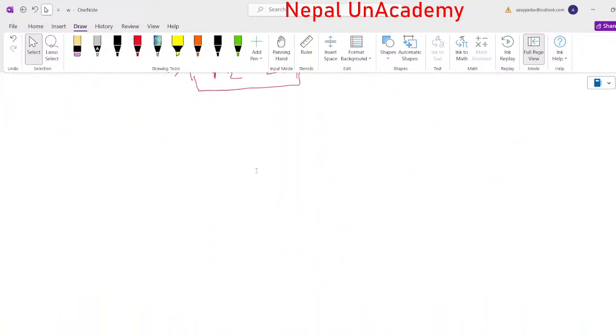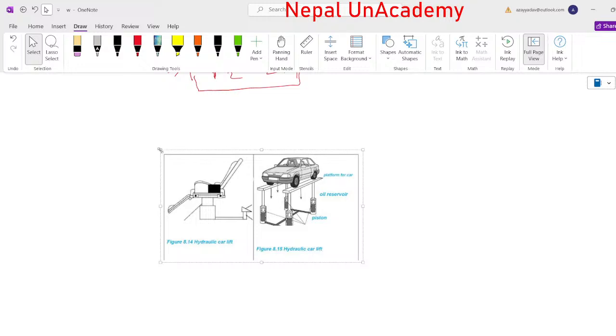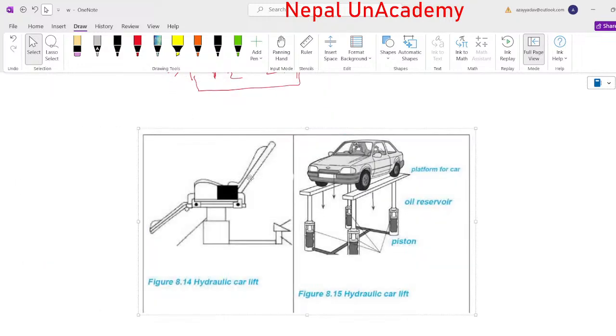See, this is the hydraulic machine we have.